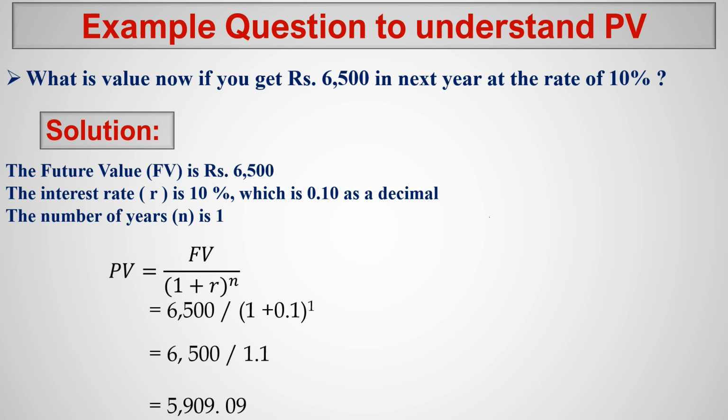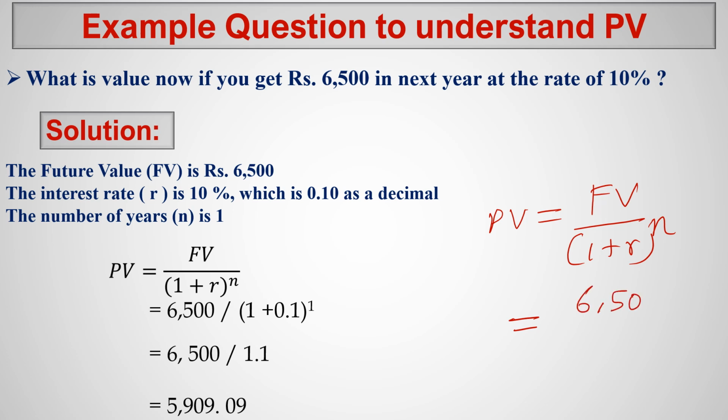Very simple. You can consider here the present value equals future value divided by 1 plus r to the power n. Always this equation comes into the picture. Future value is 6,500. He's going to give back 6,500, with 1 plus 0.1 to the power 1, because it's 1 year. So we will get 5,909. So today's value is only 5,909. If you give less than this amount, you are not going to lose money.